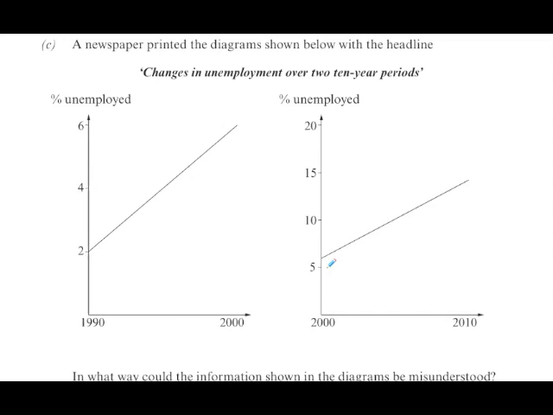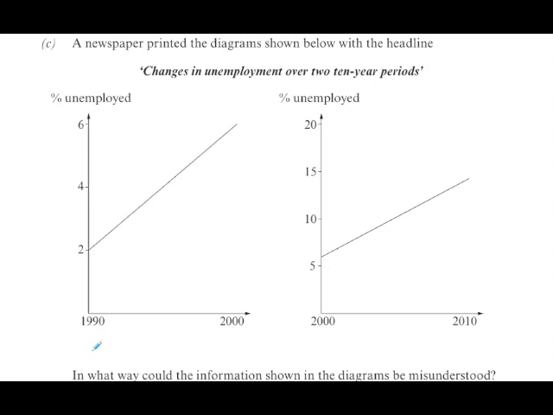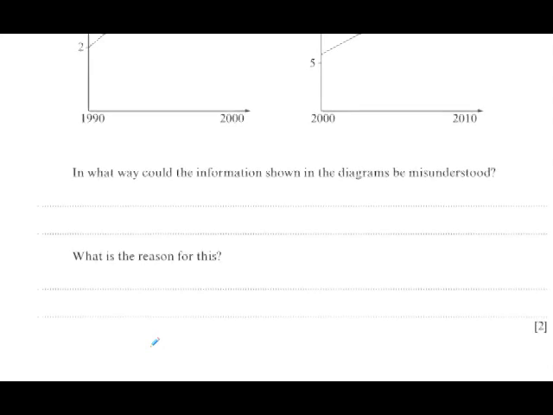And here we've got yet another graph, a line graph or 2 line graphs. So the question says, a newspaper printed the diagrams shown below with the headline, changes in unemployment over 2 10-year periods. And the questions, we'll read both of these together. In what way could the information shown in the diagrams be misunderstood, and what is the reason for this?